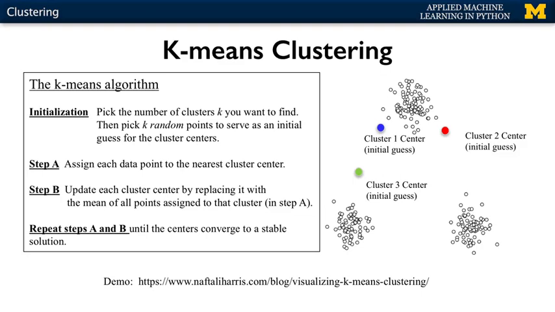Then in the second step, it adjusts the locations of each cluster center. It does this by setting the new cluster center to the mean of the positions of all the data points in that cluster. Somewhat magically, after running this alternating process for a while, coherent clusters do start to form, and the cluster centers and the corresponding cluster assignment for each data point eventually settle down to something stable.